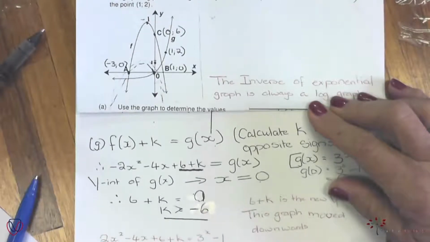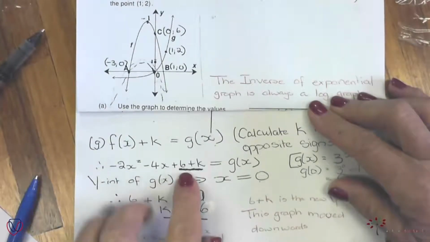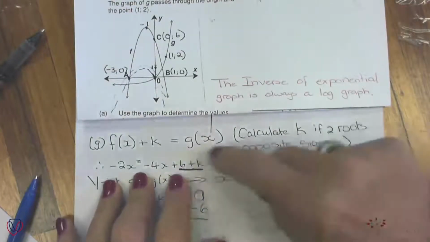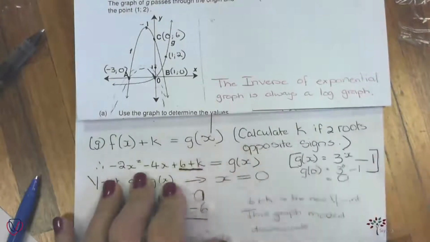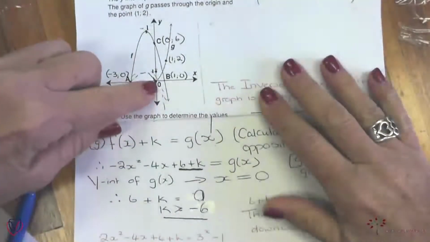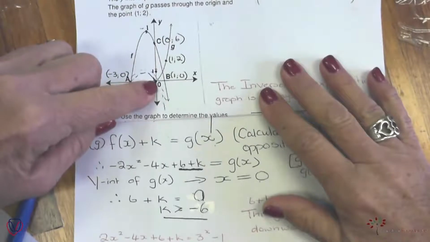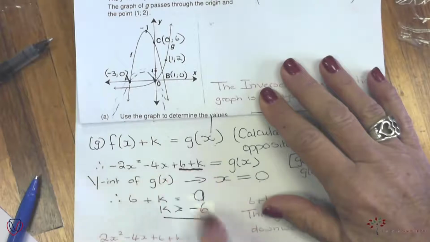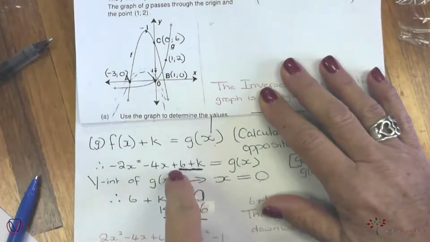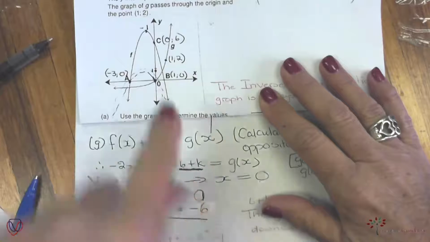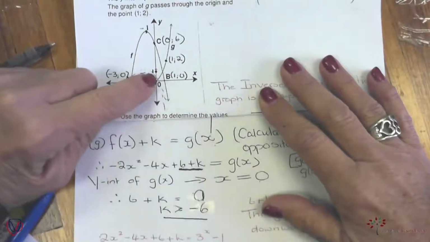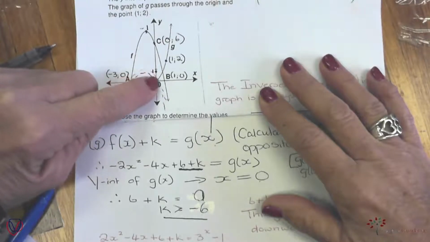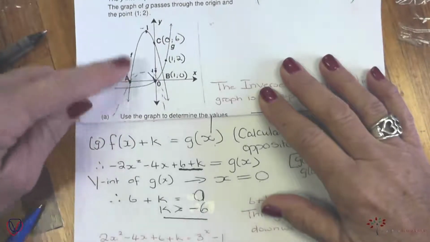If you go back to your graph there, and you put a negative 6 into k, what is the y-intercept going to become? 0. It's going to go through 0, as I've shown you. But if I put a negative 5.5 in there, I will still have a y-intercept of positive 0.5. So it will go through there, just above the 0 point. And that will give me a positive root and a negative root.